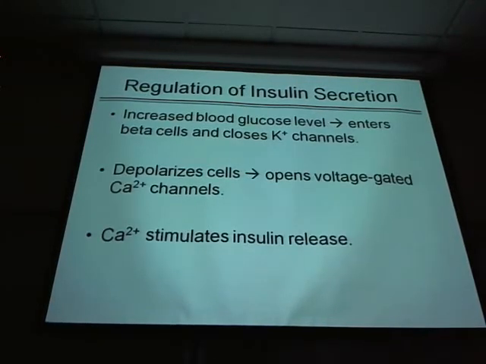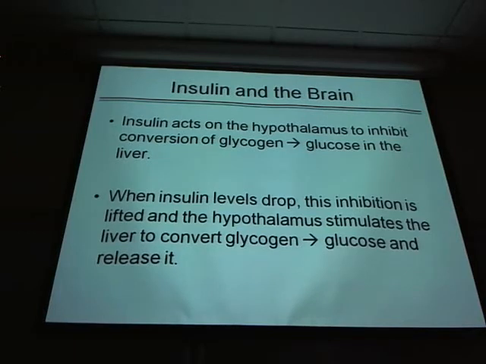Regulation of insulin. Hang on. Insulin acts on the liver to inhibit conversion of glycogen to glucose. It inhibits the release of glucose from the liver. I asked Patrick that.